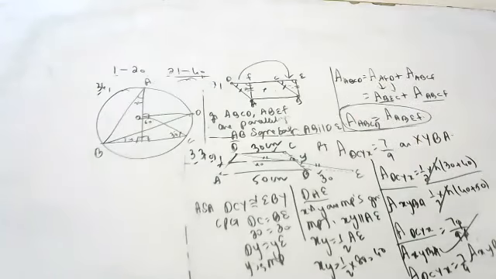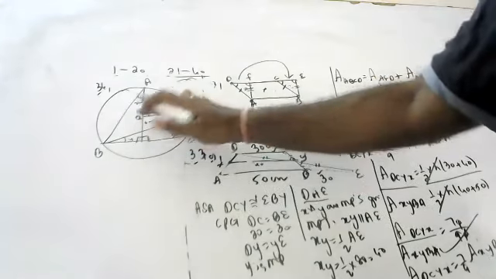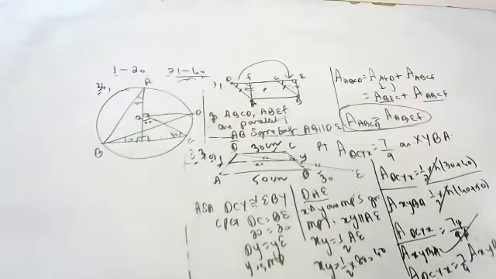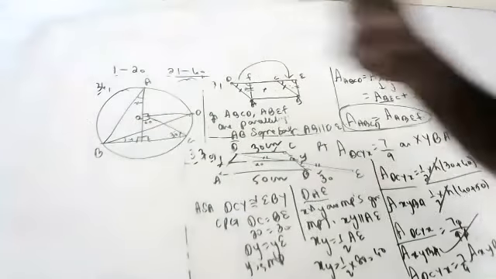If I draw, this is 60. This upper one is given as 90. This we got 60, this is given 90. Okay, children, how much is y?